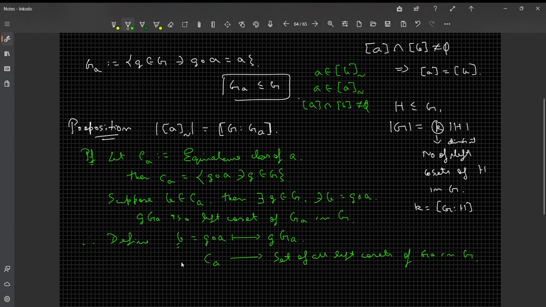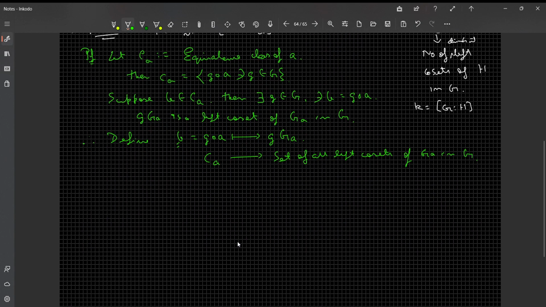And this is also one-to-one, because if you consider the equality, say small g GA is equal to small h GA, then from the properties of left cosets, this means g h inverse is in GA, right? But what does GA mean? It fixes A, right? So that means g h inverse of A, so it fixes A, right?